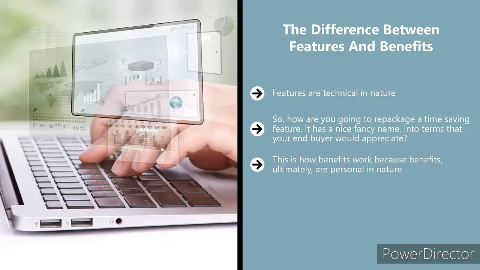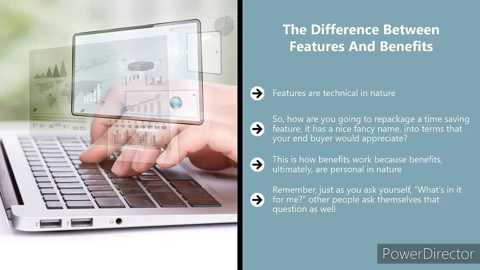This is how benefits work because benefits, ultimately, are personal in nature. Remember, most American consumers couldn't care less about the features or the jargon that are on your sales pages. They care about what's important to them. Remember, just as you ask yourself, what's in it for me? Other people ask themselves that question as well. It is all personal. So, you have to phrase whatever benefits your product brings to the table in those terms.